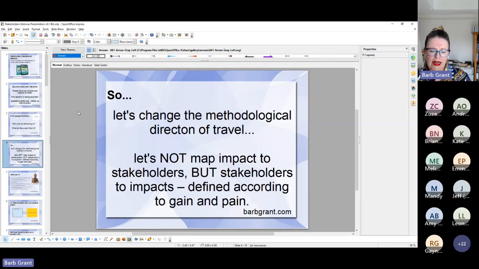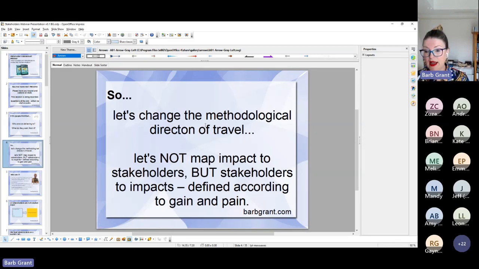It's in some ways a challenge to the typical methodological direction of travel when we're assessing our stakeholders, because what I'm proposing is that we do not map our impacts to our stakeholders, which is what we traditionally do in most of the predominant methodologies, but that the stakeholders get mapped to the impacts. So we're doing a bit of an inversion.